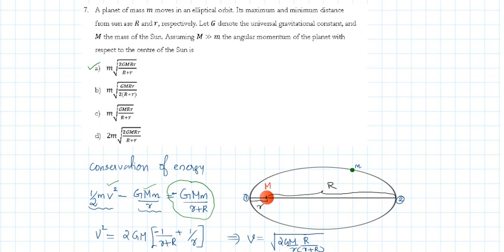Using that concept, we obtained the velocity at this point 1, and the peculiarity of this point 1 is you can apply the equation mvr for angular momentum. Angular momentum is a constant; at any point, it is the same. So you can use the expression at point 1 in order to find angular momentum.